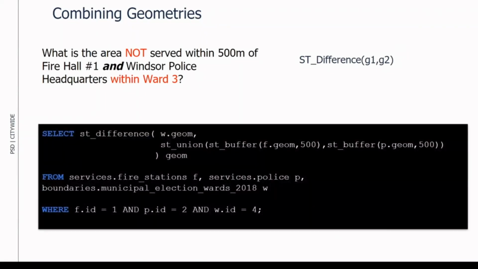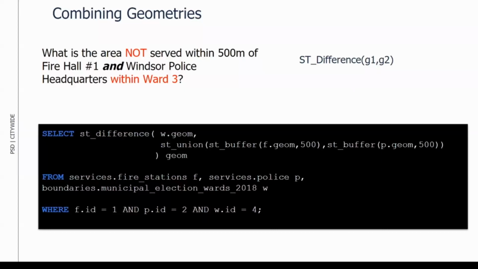And you'll see here it's a little bit different than the previous one, in that we're going to take the geometry of the ward and we're going to run the same ST_Union, but we're going to wrap that around ST_Difference. So this will create the inverse of that union. So as opposed to just unioning the two buffered areas together, you're now going to be doing the difference between the two.